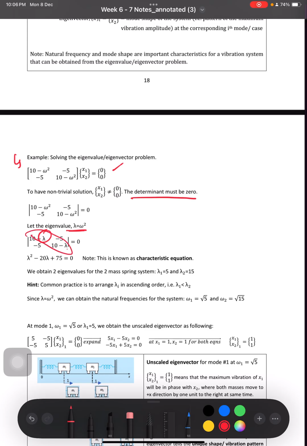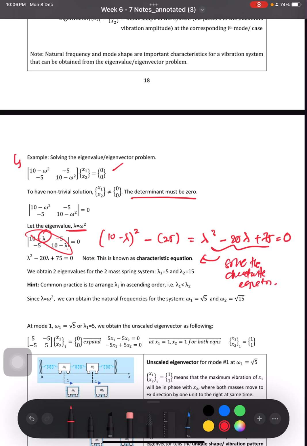These two you multiply together, minus 25. When you expand, you will get lambda squared minus 20 lambda plus 75 equivalent to 0. This is what we call the characteristic equation. So from here, you solve the characteristic equation.